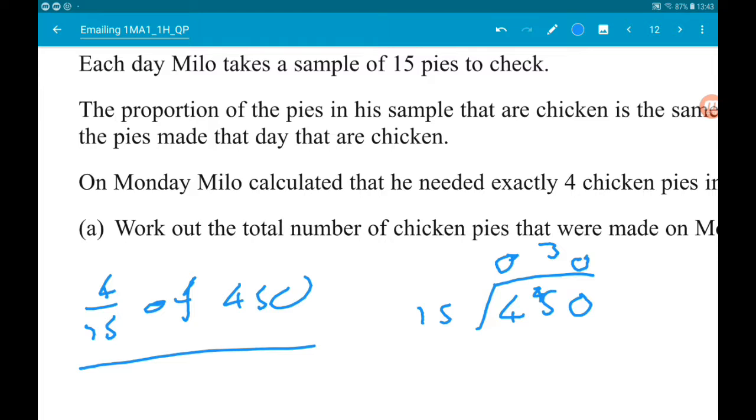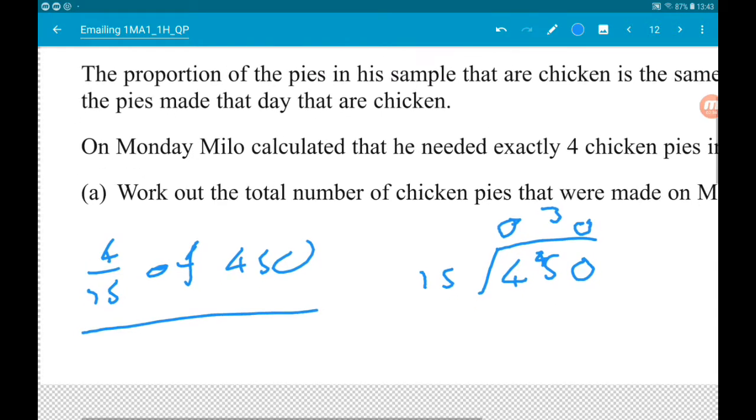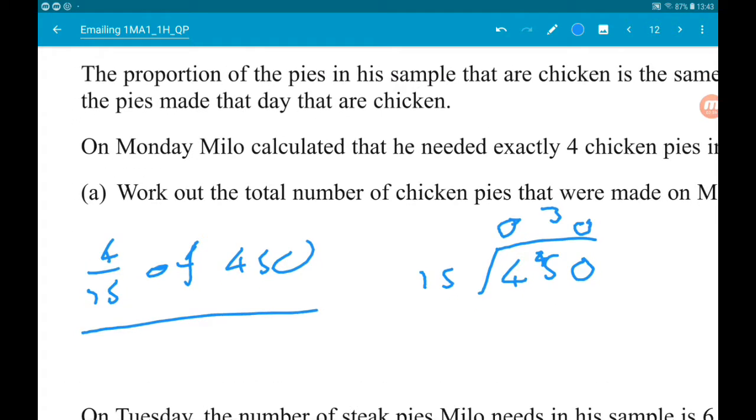We then want 4/15. So, sorry, yes, 4/15. So 4/15 is 4 times 30, which gives us 120. Cool.